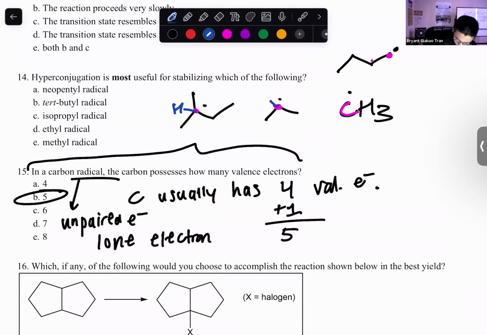Oh, no. 2, 4, 6, 8. 1, 2, 2, 4, 6, 7. Oh, I see what you were thinking of.